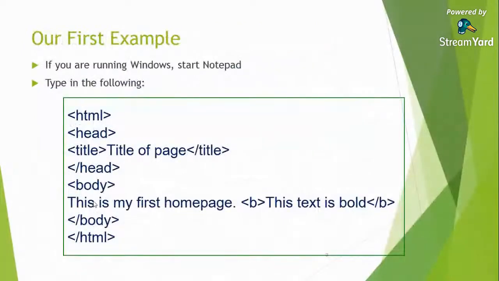Most of you have an idea about this. A text editor means any normal text editor like Notepad, WordPad, or MS Word. There we'll write our own code and then simply save it with .html or .htm. This is one thing.